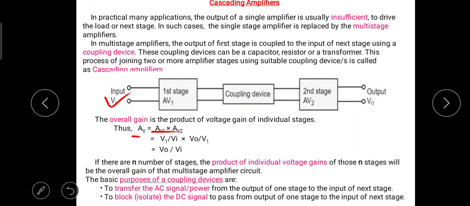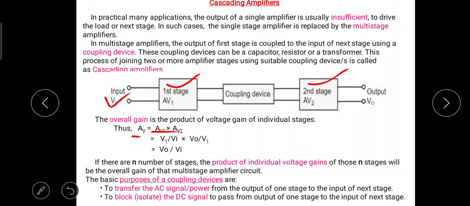Here AV1 is the gain of the first stage and AV2 is the gain of the second stage. So, the overall gain of this two-stage amplifier is the product of individual gains.